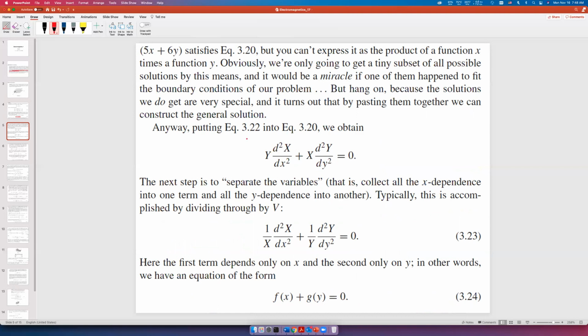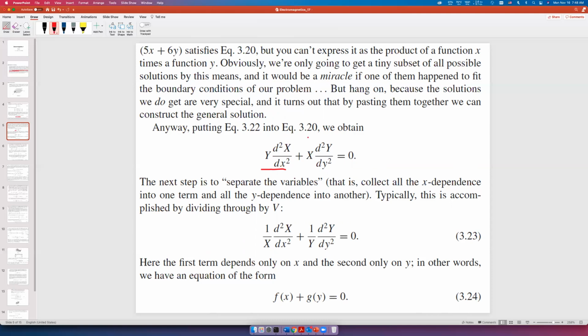Now this is the Laplace equation. Next, we want to separate the variables, because now you have both x and y in each term.